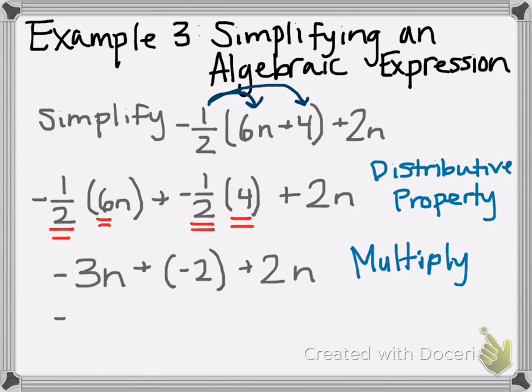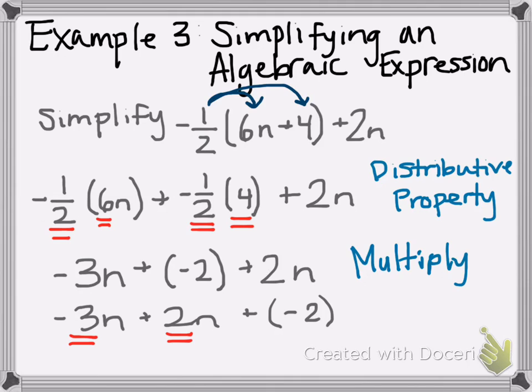Negative 3n plus 2n. I can combine my n's because they have the same variable and it is to the same power, the power of 1. So I'm just going to look at the coefficients. This tells me that I have negative 3 of those n's and I have 2 of these n's.